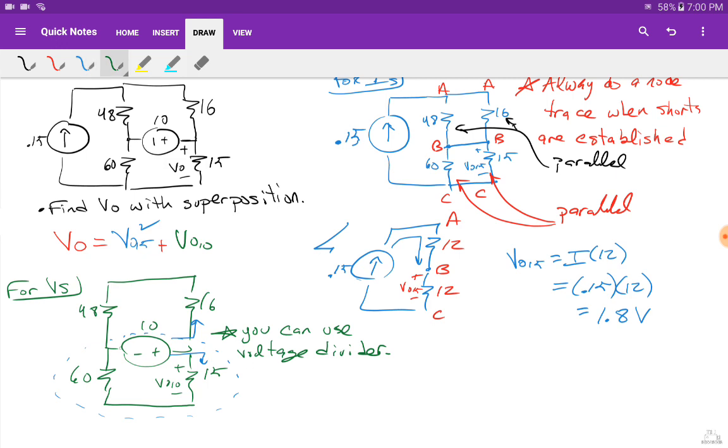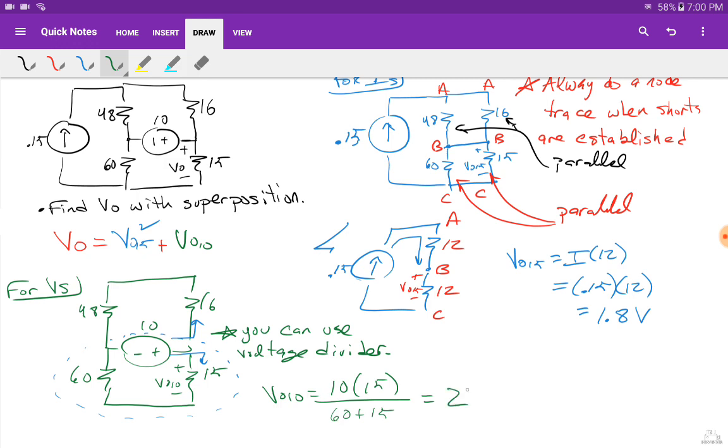And because both of these get 10 regardless of whatever else is happening, I can just say VO from the contribution is going to be the 10 volts times the resistor that I care about, 15, divided by 60 plus 15. That is going to be 2.